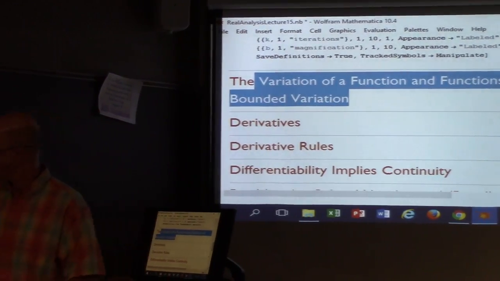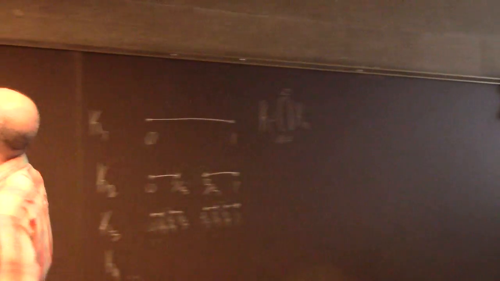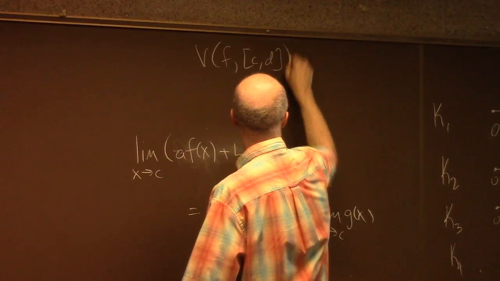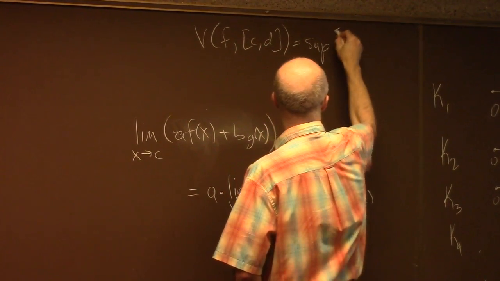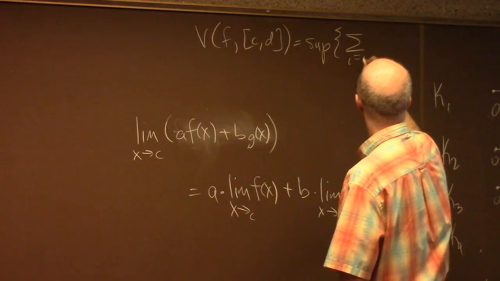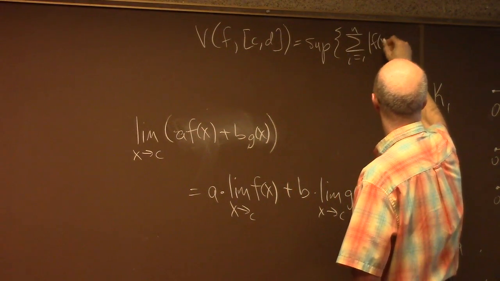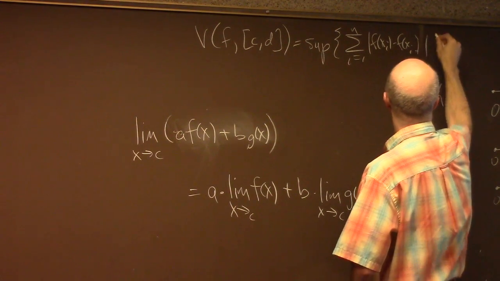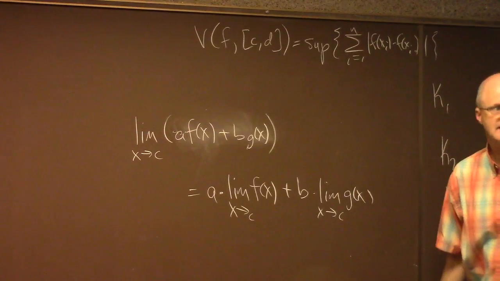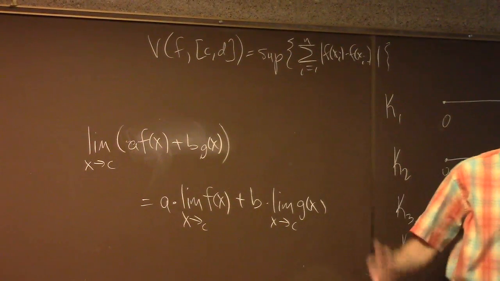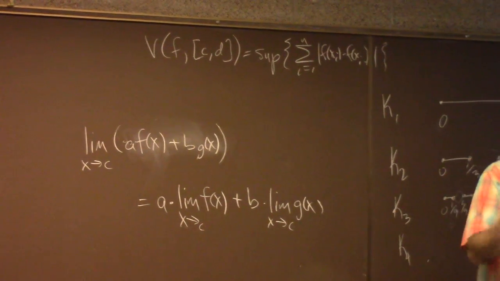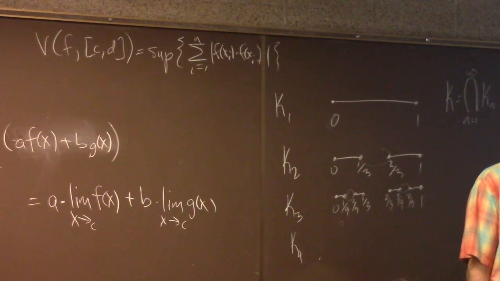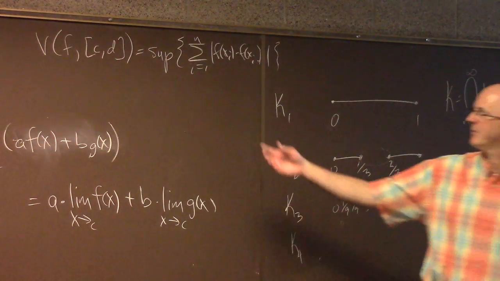We define the variation of the function over some interval from C to D to be a supremum of summations like this, where this set consists of all possible sums you can make like this over all possible partitions of the interval from C to D. Take the supremum of that.